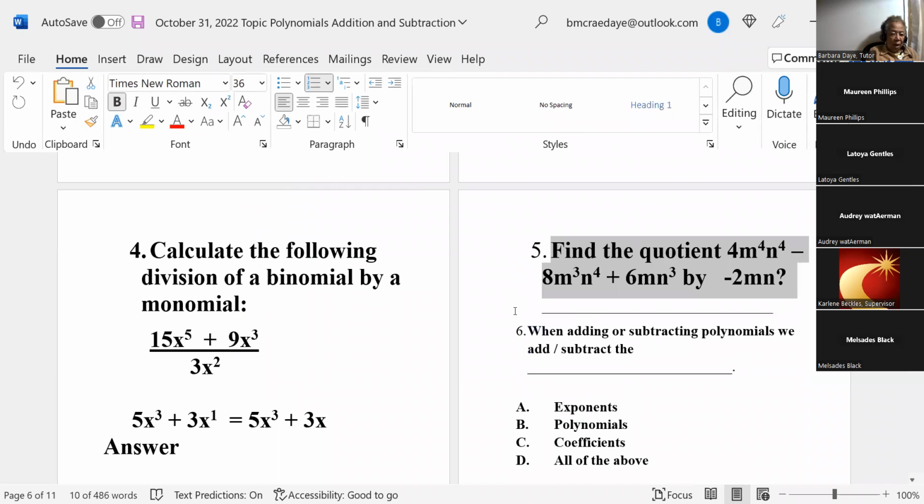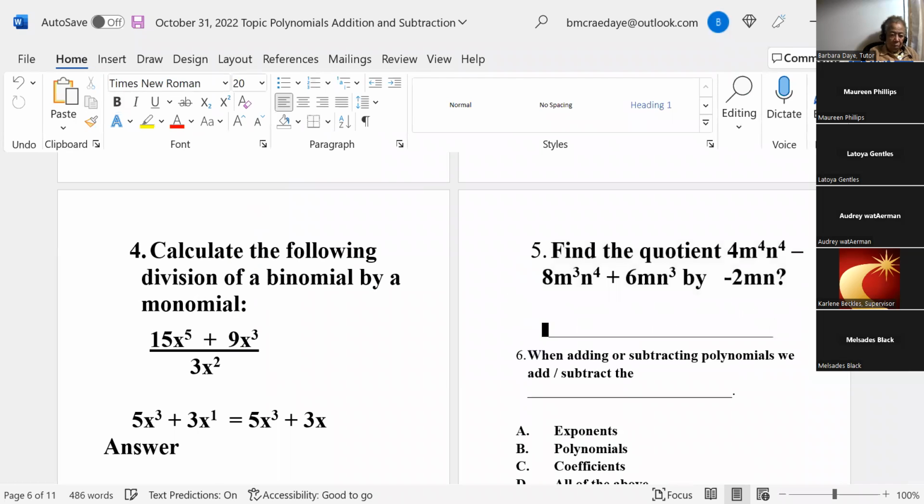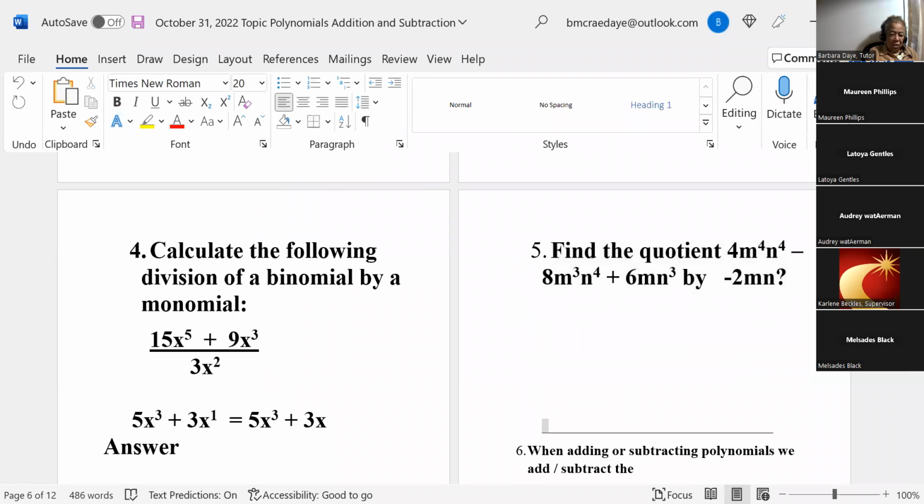Quotient means you're doing what operation, Maureen? Division, that's right.